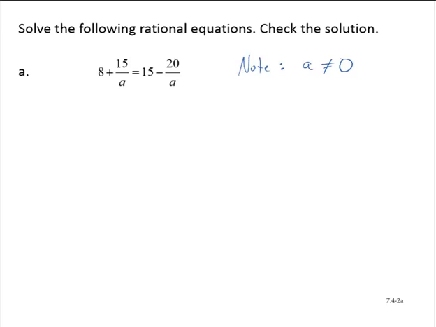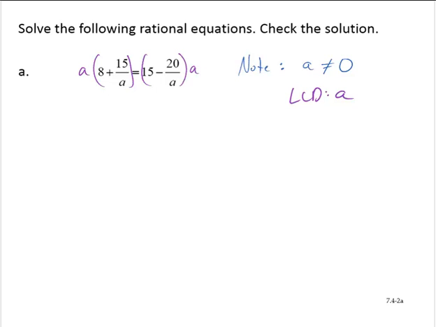Alright, so now we're going to multiply both sides of the equation by the LCD. So let's note that the LCD is a, since there's only one distinct factor of the denominators. So I'll multiply through by a, and it doesn't really matter which side we multiply by. Just for convenience, I'll multiply on the left and on the right on the other side.